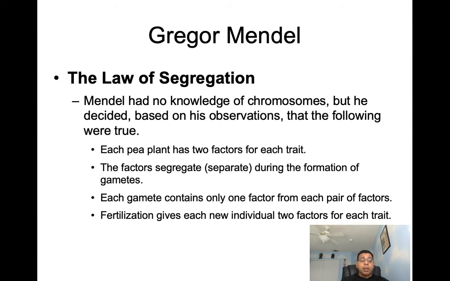Number three, each gamete contains only one factor from each pair of factors. And number four, fertilization gives each new individual two factors for each trait. Fertilization is when the egg and the sperm come together.